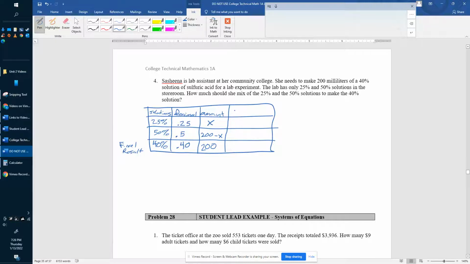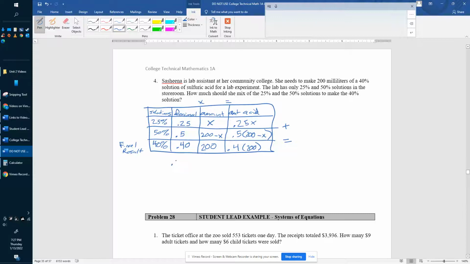Now, this is the amount of acid. And just like before, we're multiplying across to fill in our final column. So we get 0.25x, 0.5 times 200 minus x, and 0.4 times 200. Then we're going to add these two together to equal what's in this last box.